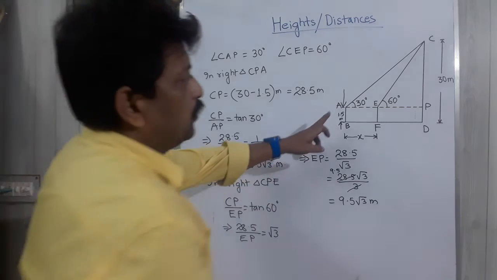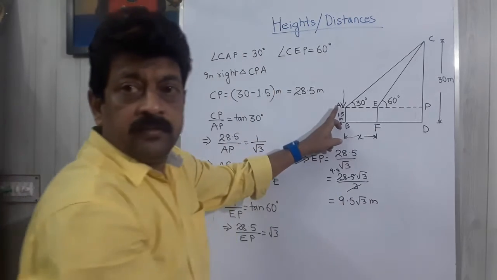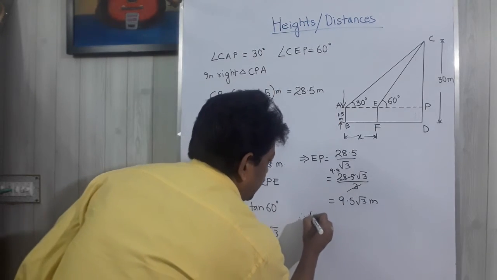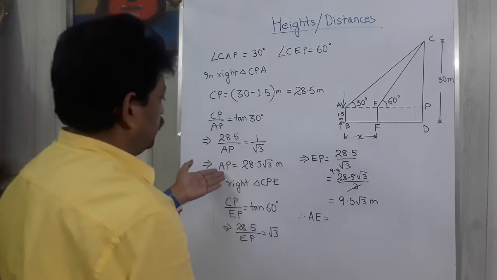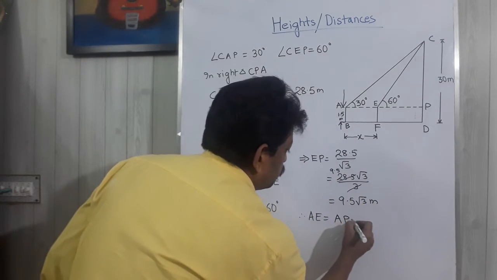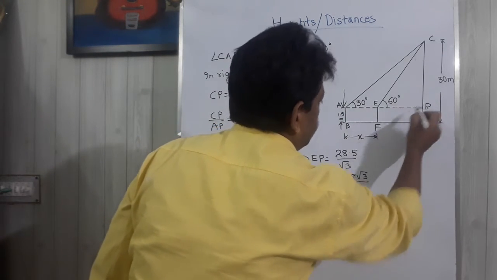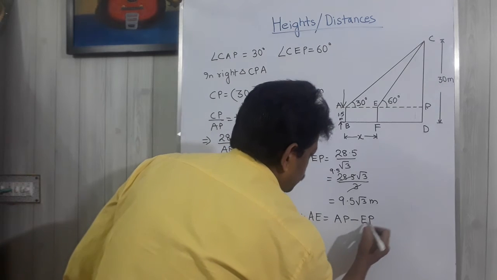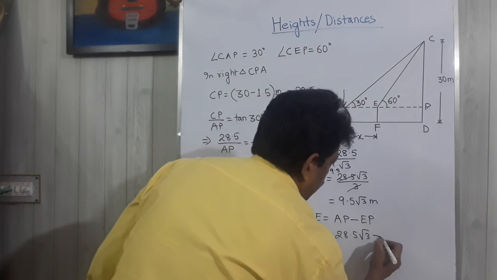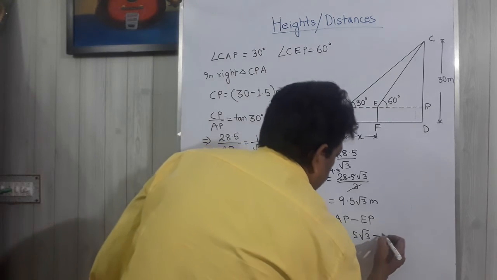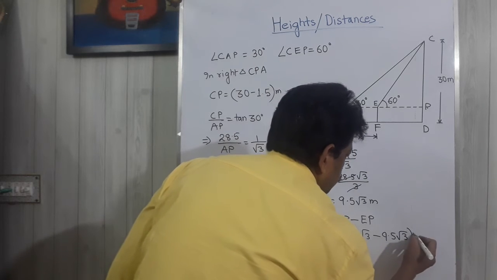Now see the diagram. We know AP, we know EP. So we can easily find AE. Therefore AE equals AP minus EP. AP whole thing minus EP. So that is 28.5 root 3 minus 9.5 root 3 meter.